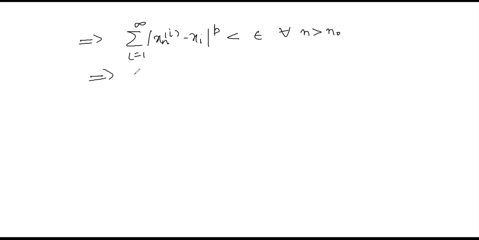So it would imply this: the summation of |xni minus xi| raised to power p is less than epsilon, i runs from 1 to infinity, for all n greater than n naught, which implies that this is a p-power summable sequence, that is, xn minus x belongs to lp.